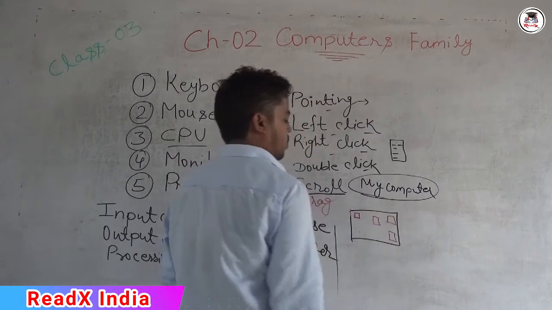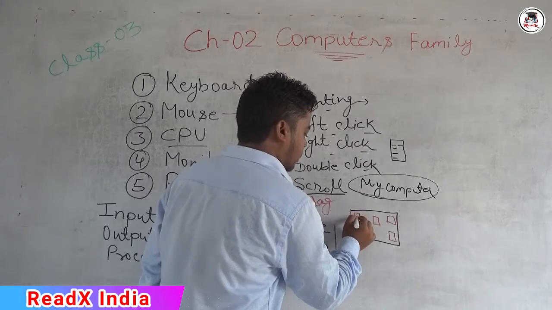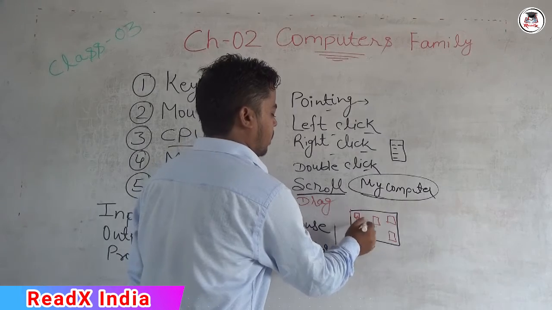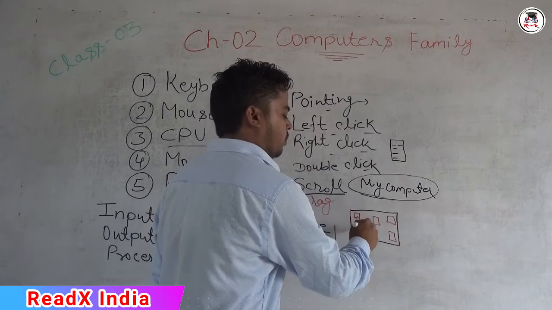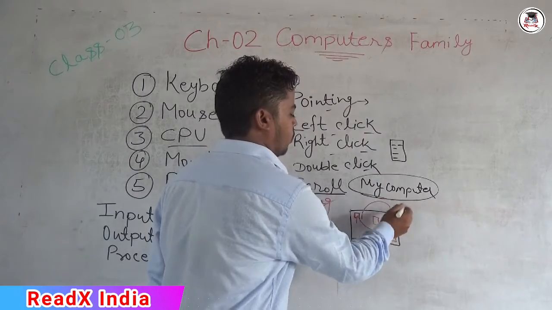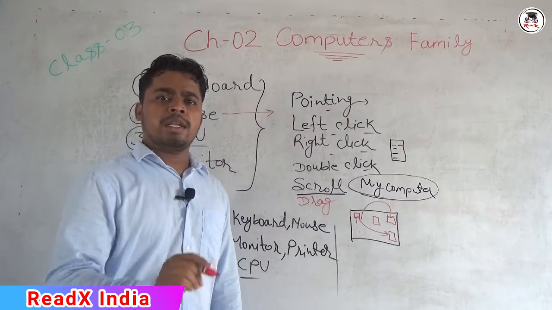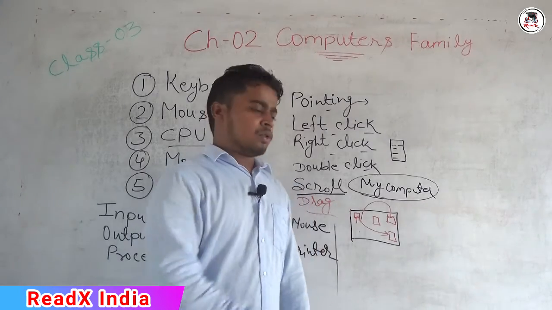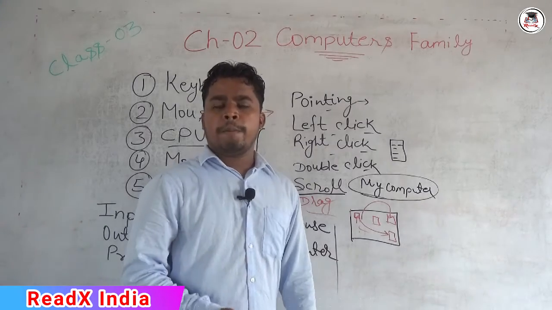What I will have to do is first select this icon or folder, and after that press the left key and, continuously without releasing, move it to the position where I want. After I reach the position, I need to release the pressed key. That is known as dragging. Basically, it is moving from one place to another place.